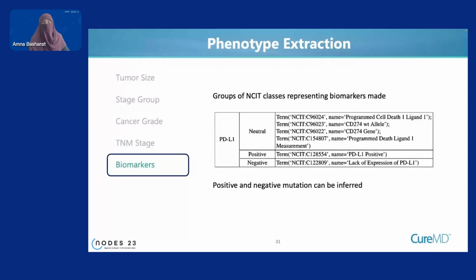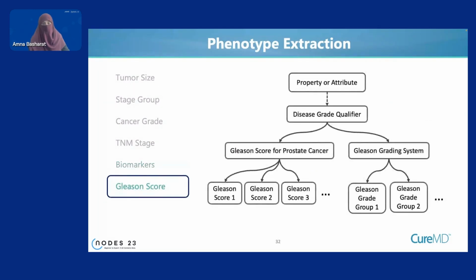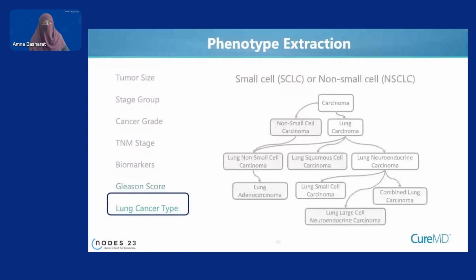Then there are specific cancer biomarkers which are also available in the notes, and we try to identify the maximum possible, in terms of, for instance, positive or negative mutations that could be inferred from these biomarkers. And then another important aspect of cancer phenotypes was the Gleason scores. And so this extraction mechanism was put in place.